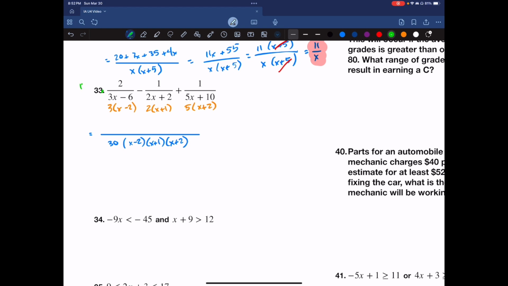All right, I need a 10, x plus 1, x plus 2. So it's going to give me a 20, x plus 1, x plus 2. Okay, so we'll come back to that. Let's see. Here, I need a 15, x minus 2, x plus 2.